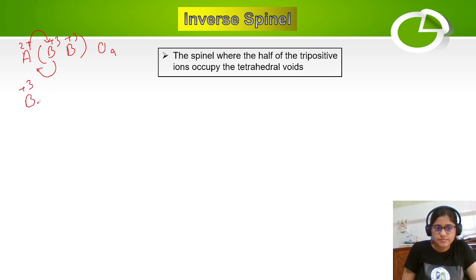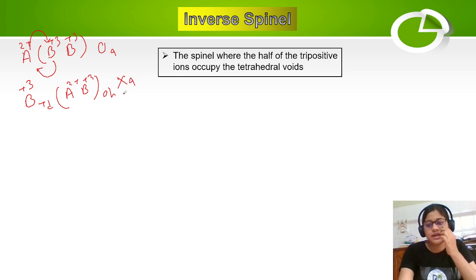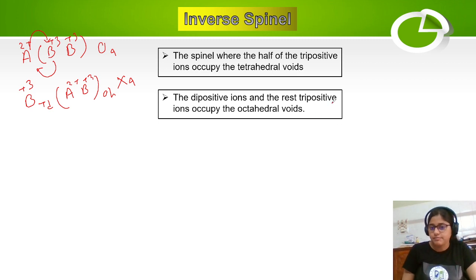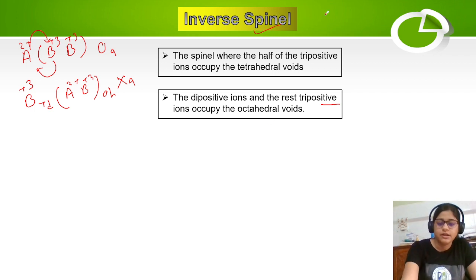B3+ goes to tetrahedral, and A2+ and B3+ are in octahedral, and X4. This will happen in the case of inverse spinel. So a spinel where half of the tripositive ions occupy the tetrahedral voids, and the dipositive ion and the rest of the tripositive ion, B3+, occupy the octahedral voids, that time we will call it inverse spinel.